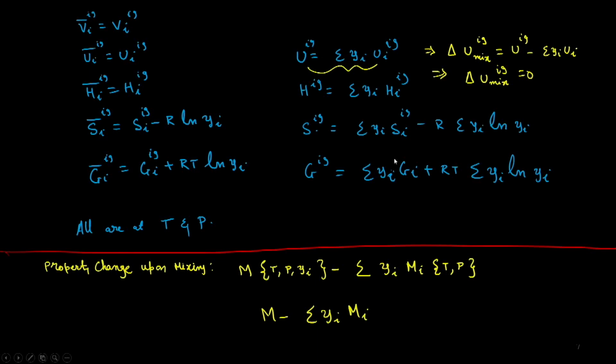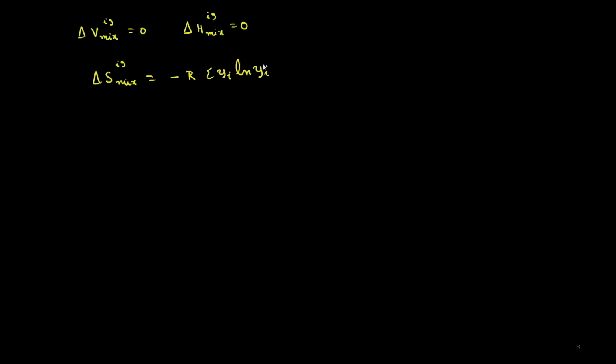Going through similar steps, I can also derive the following equations. Delta V mixing for an ideal gas is 0. Delta H mixing for an ideal gas is 0. The entropy of mixing, delta S mixing, for an ideal gas mixture is minus R sigma yi ln yi.